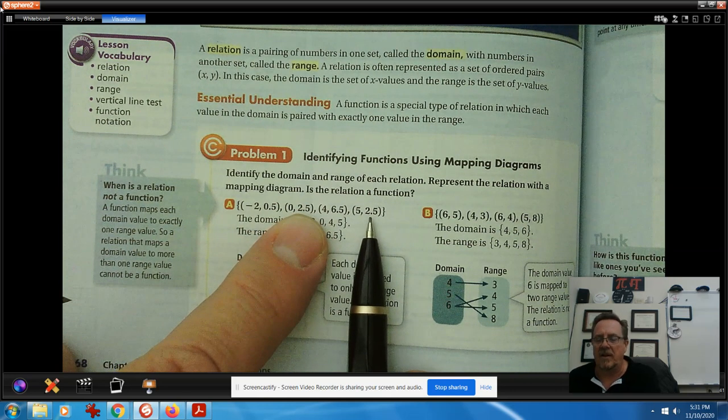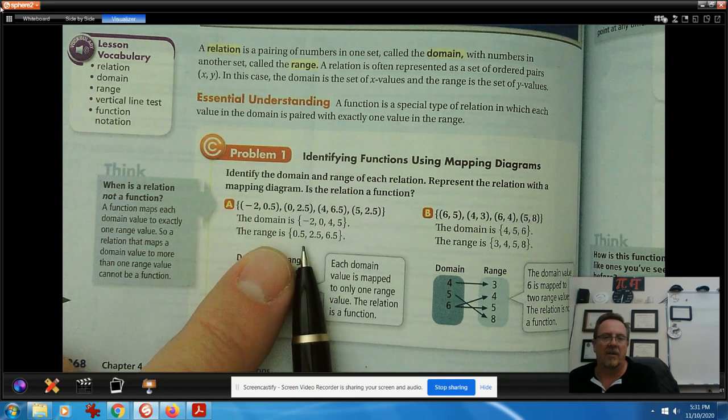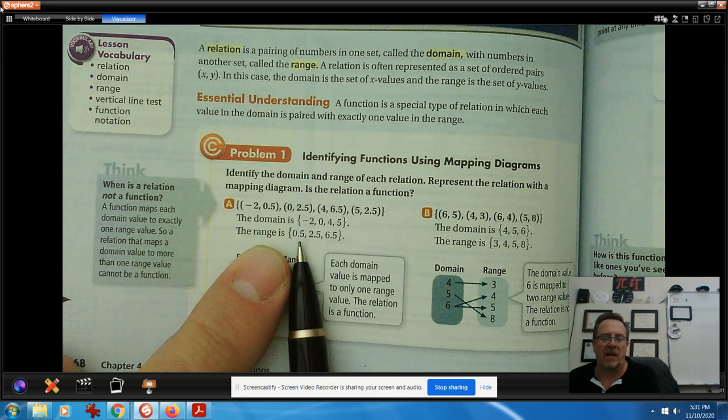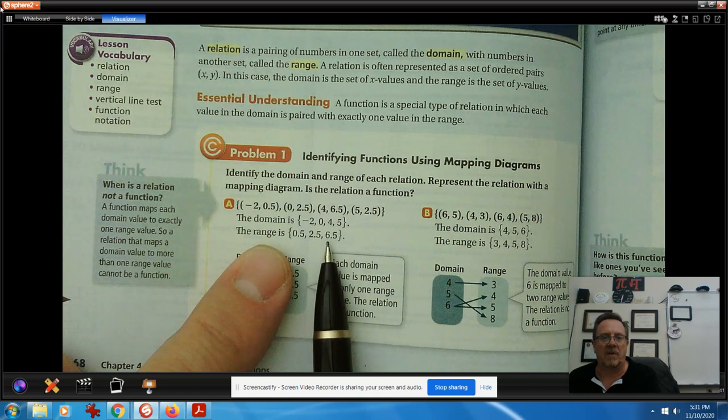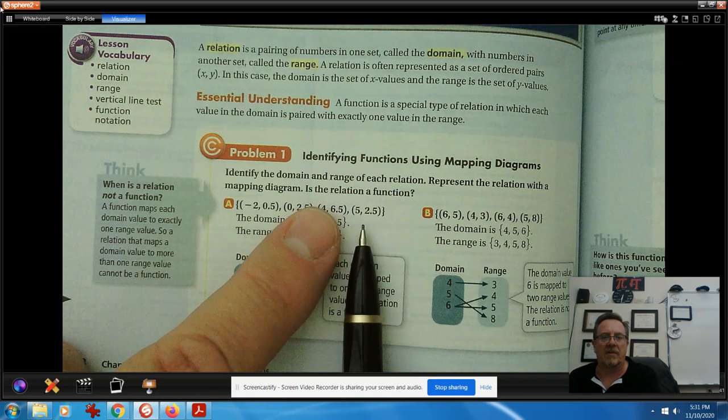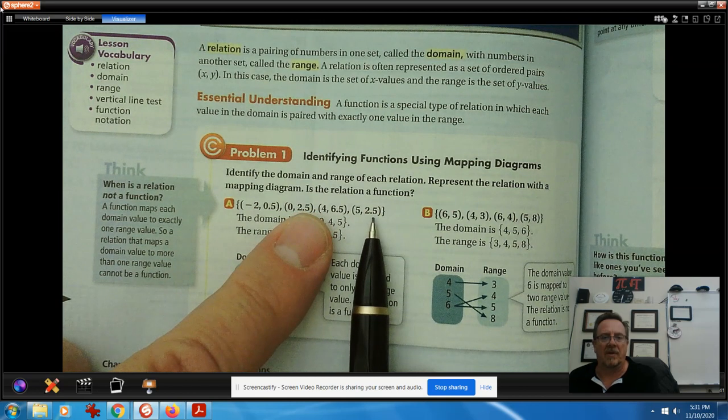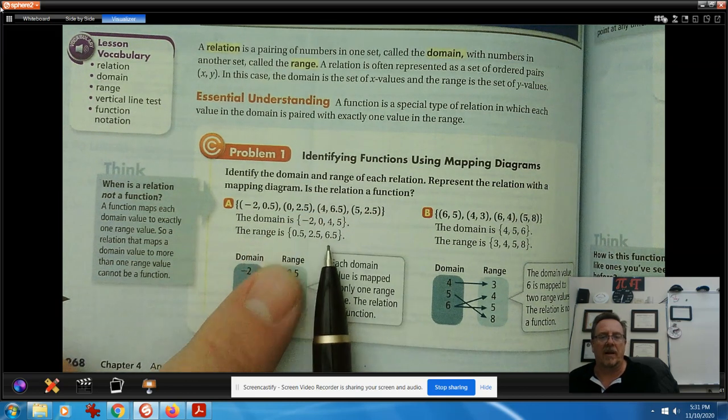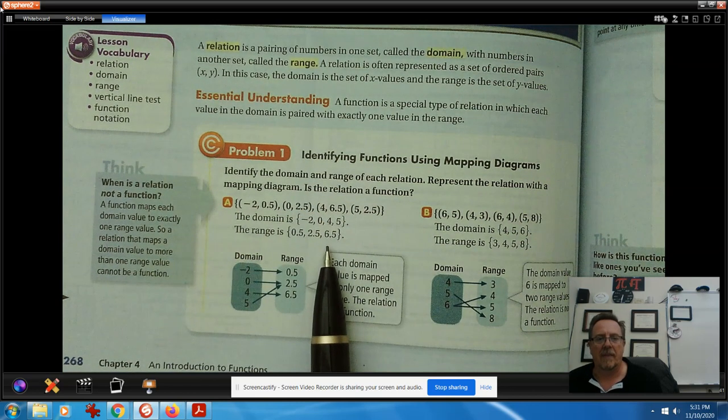I mean, once I've listed the number, it's there, I don't have to count the same number twice. So when we list the range, the y values, the outputs, they're going to be 0.5, 2.5, and 6.5. I didn't have to list 2.5 again because I already listed it once. All right, so there it is.